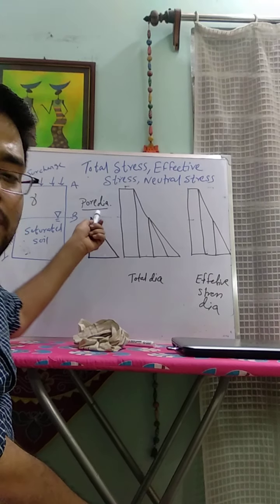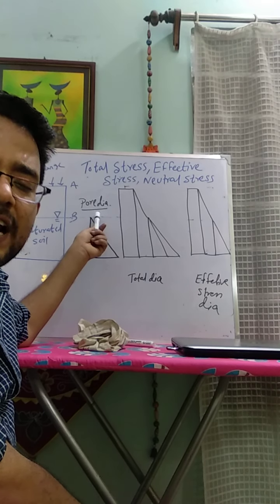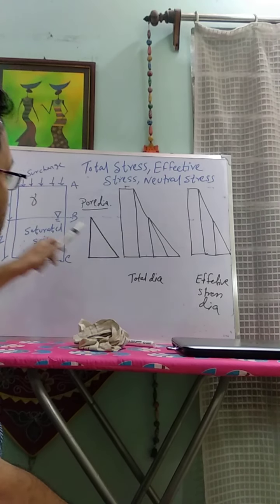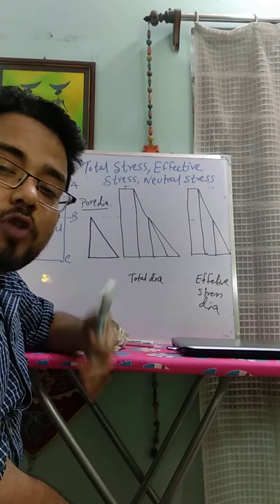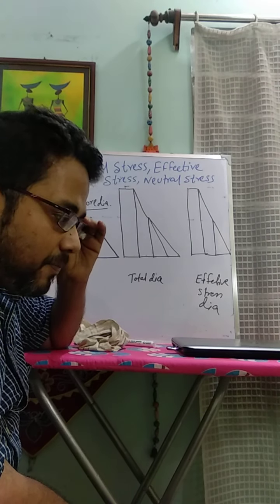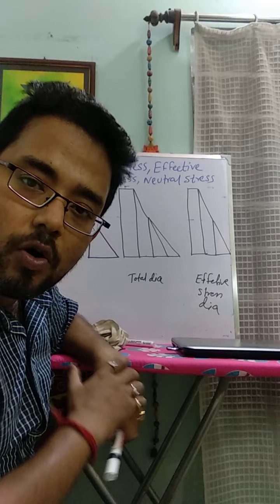Now for the neutral stress diagram, you know the pore stress diagram and the neutral stress diagram are the same. Neutral stress diagram means only the stress developed by the water in the soil.